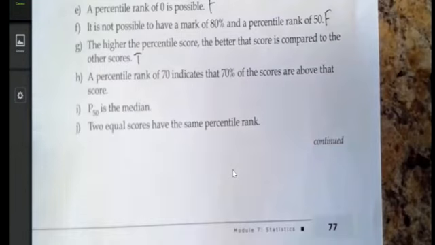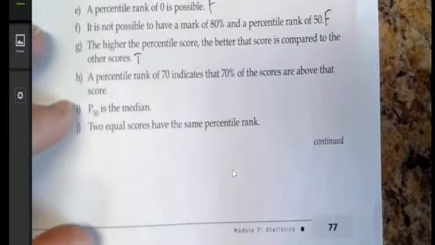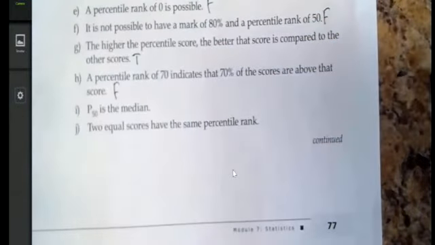A percentile rank of 70 indicates that 75% of the scores are above that score. That's false. 30% are above, not 70. If you had a percentile rank of 30, then 70% of the scores would be above you. P50 is the median. That's true. It's the middle.